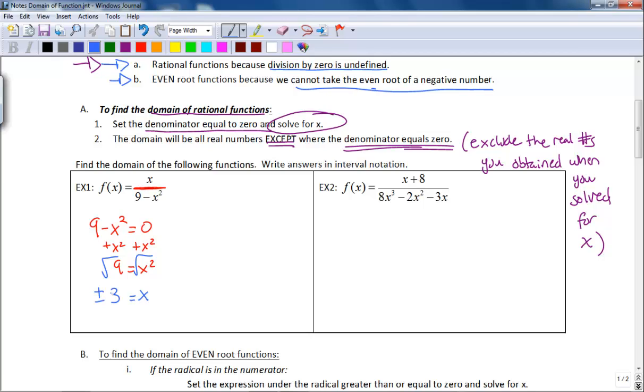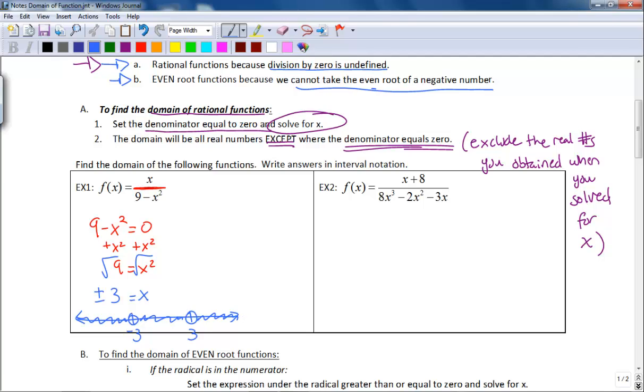I like making interval notation from a picture, so we're going to graph what this means. If this is a real number line, what it's telling us is that, hey, you can be any number that you want on this number line, but you need open circles at negative 3 and at positive 3 because you cannot be those numbers.